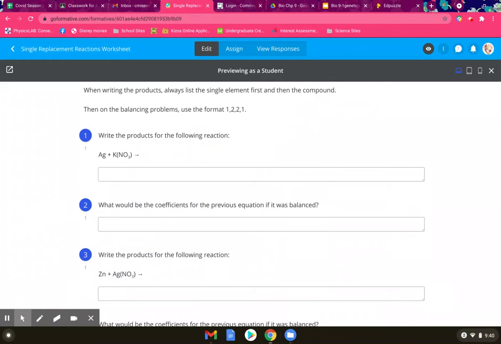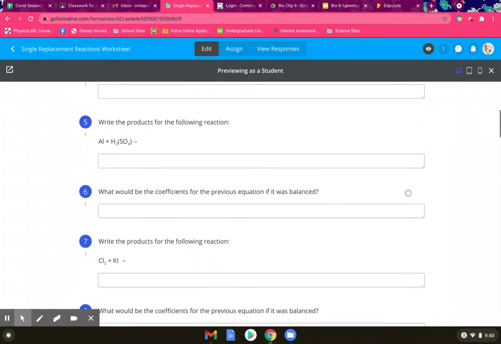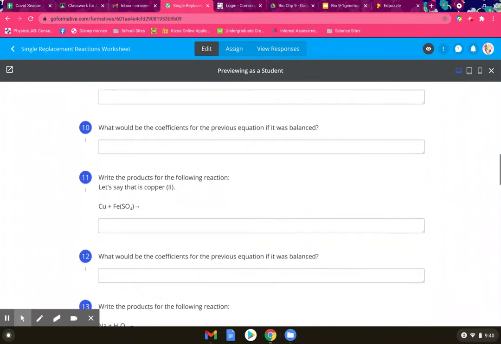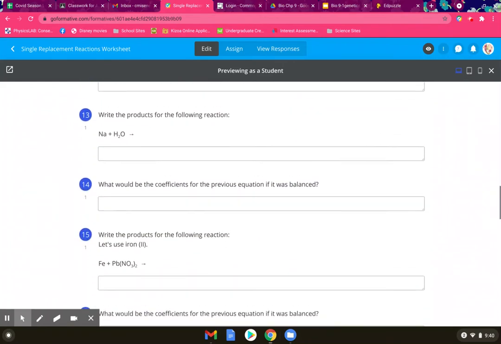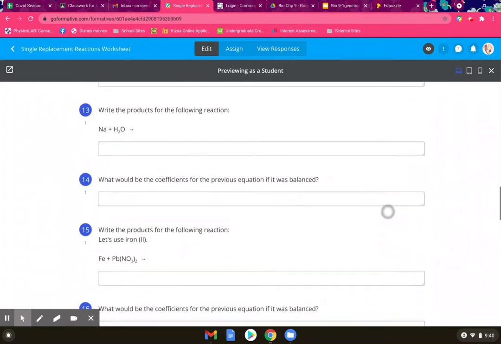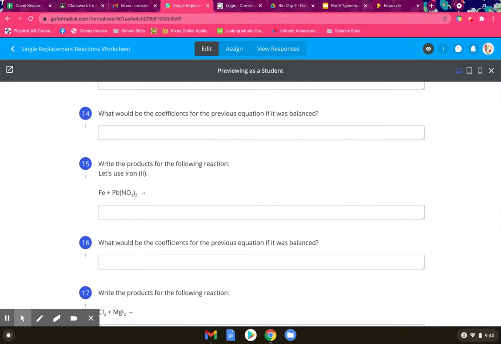For the single replacement reaction worksheet, I'll do a couple of these for you. I think 12 was one that a few people missed. Oh, that was a coefficient one. Let's just pick out 15 here. 15 has a couple tricks with it. So if we look at 15, we've got Fe plus Pb(NO3)2. Now, we have to pay attention to the fact that right here it says use iron 2 to know the charge of iron, because it's one of those d-block elements.